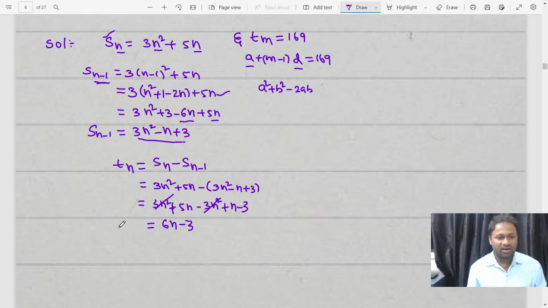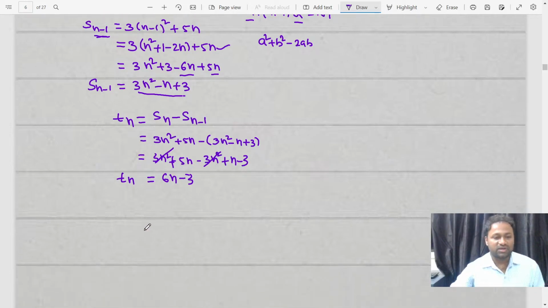Okay, I got Tn, the nth term, right? So after getting nth term, Tn is nothing but Sn minus Sn minus 1. We got 3n square plus 5n minus, Sn minus 1 means 3n square minus n plus 3. Minus 3n square, minus n, minus into plus minus. 3n square got cancelled. 5 plus 1 is 6 and minus 3.